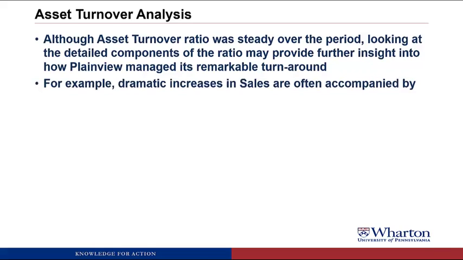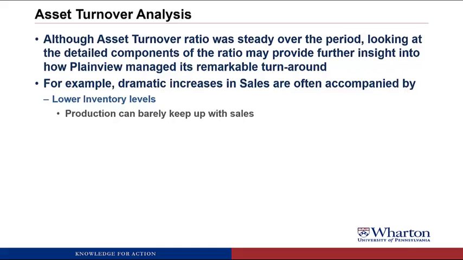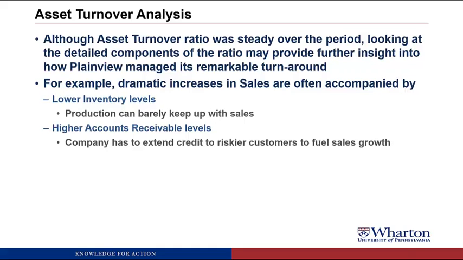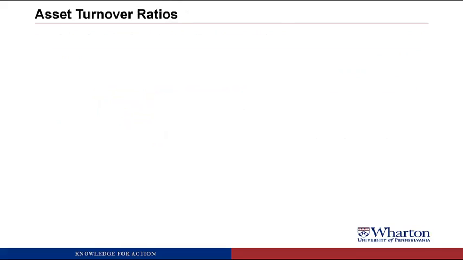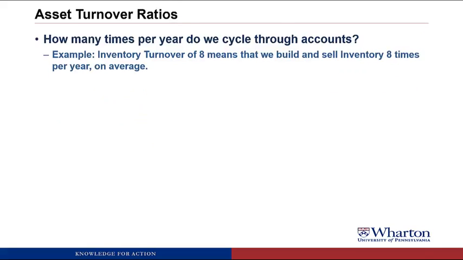For example, when there's dramatic increases in sales like Plainview had, you often see lower inventory levels, so production can barely keep up with sales, and higher accounts receivable levels because the company has to extend credit to riskier customers to fuel its sales growth. And if you remember on the financial statements, we saw all this weird stuff going on with accounts receivable and inventory over the period. So let's define the asset turnover ratios.